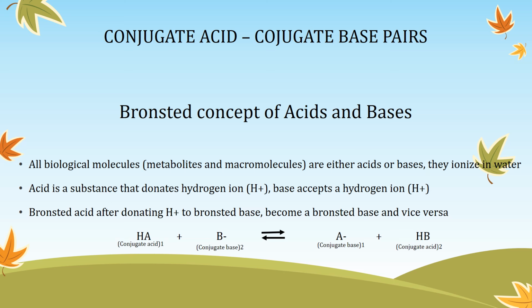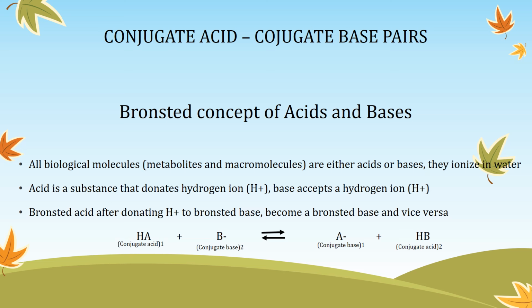So in the Bronsted concept of acids and bases, a molecule which is donating a proton or hydrogen ion to a base is considered as a Bronsted acid, and after donating, that Bronsted acid will become a conjugate base.